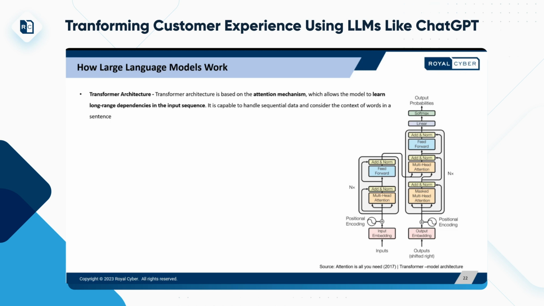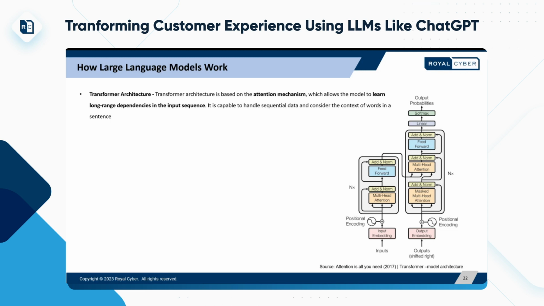The transformer architecture is based on what they call an attention mechanism, which allows the model to learn long range dependencies in the input sequence, so in the input text. It is also capable of handling sequential data and considering the context of words in a sentence, which is really powerful and amazing and different from previous generations of natural language processing technologies.